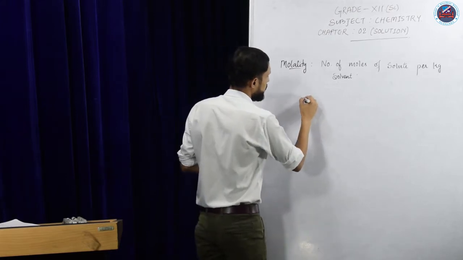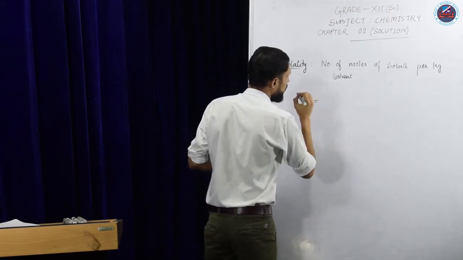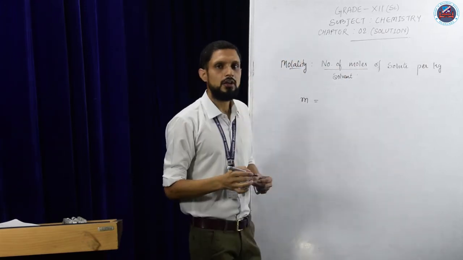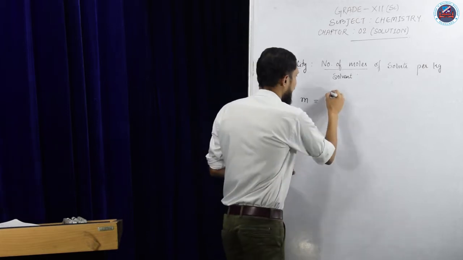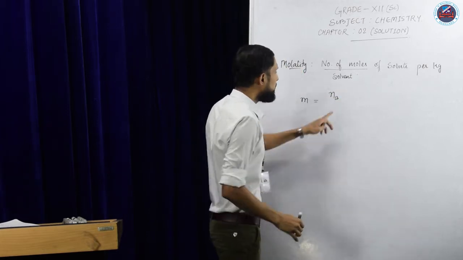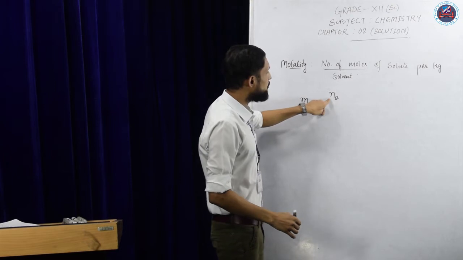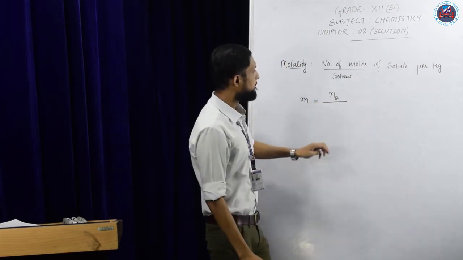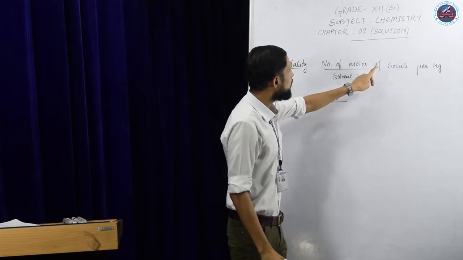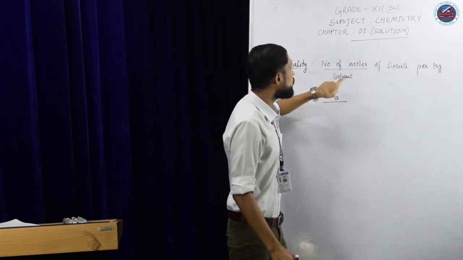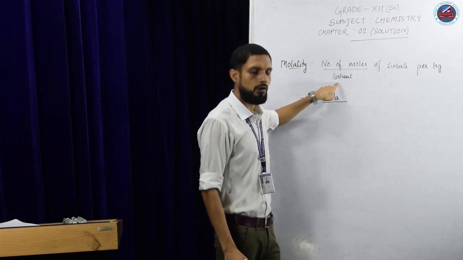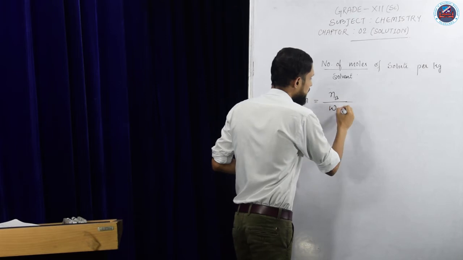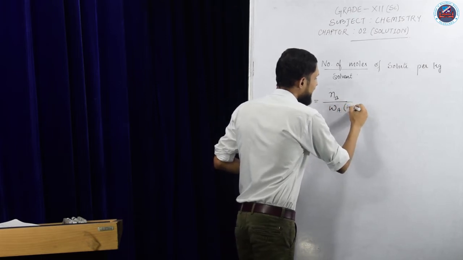Mathematically, it is represented as m is equal to number of moles of solute. In the last class we studied number of moles is given by nB, where B means solute, n means number of moles, divided by, now here it's per kg solvent, that means mass of solvent. So we'll use WA, and this should be in kg.